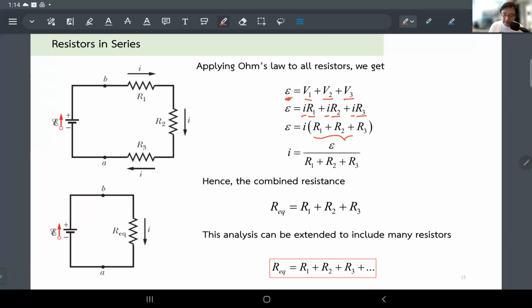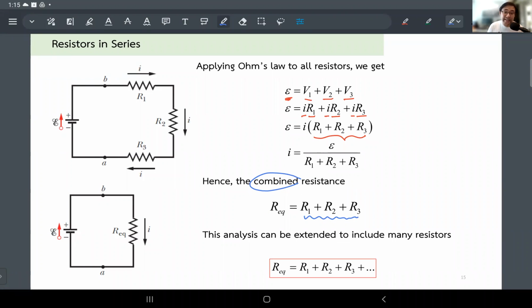Then you see this is just a summation of all those resistances. That's why they name this the combined resistance or equivalent resistance. It's just going to be the sum. And you probably remember from middle school science that these 3 resistors are being connected in a series connection.